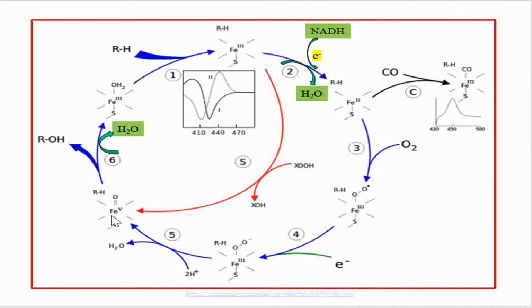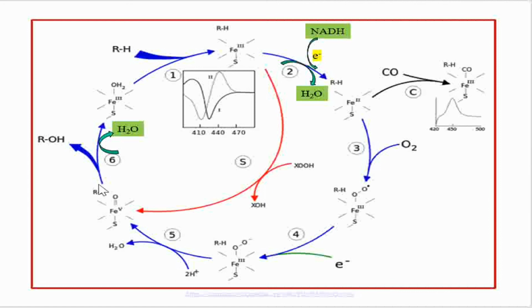So due to the high oxidation state of this iron center, this complex becomes very unstable. Due to this instability it becomes very reactive, and it becomes sufficiently oxidizing, so that it can oxidize the RH.